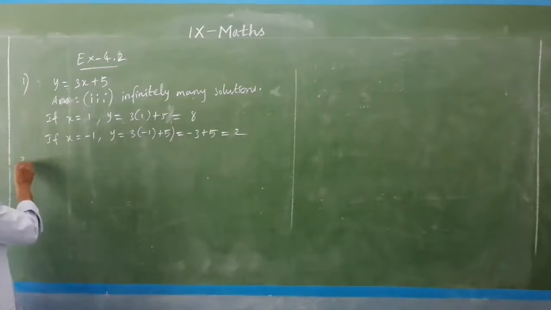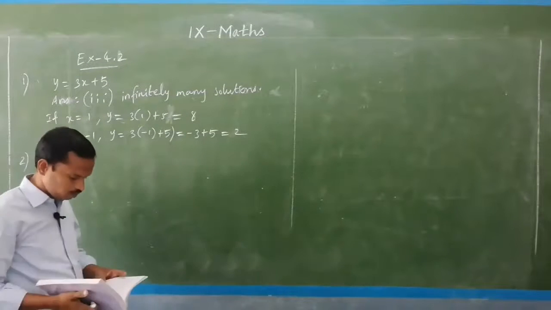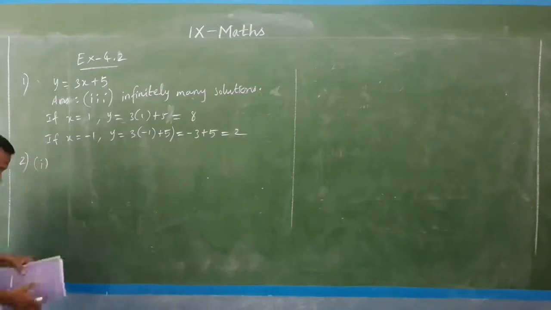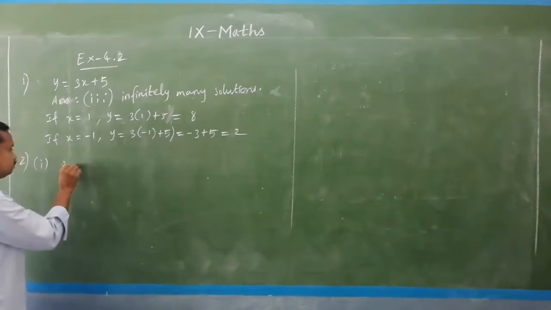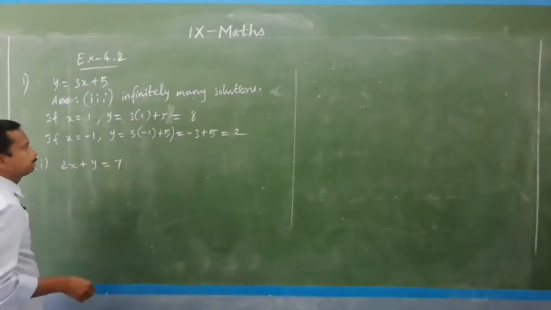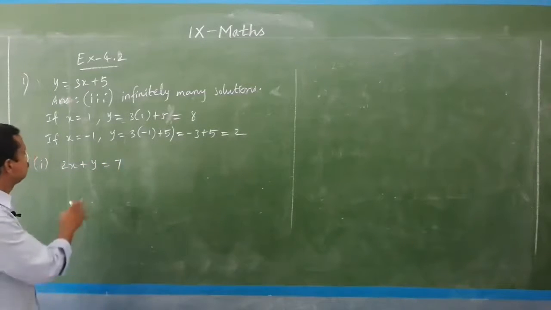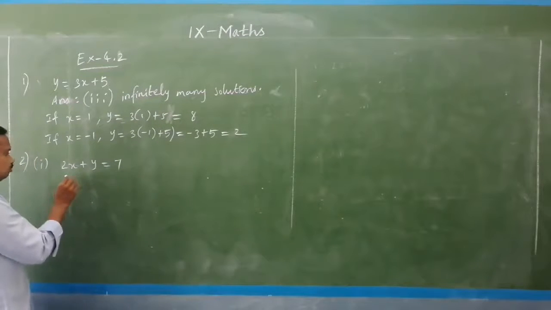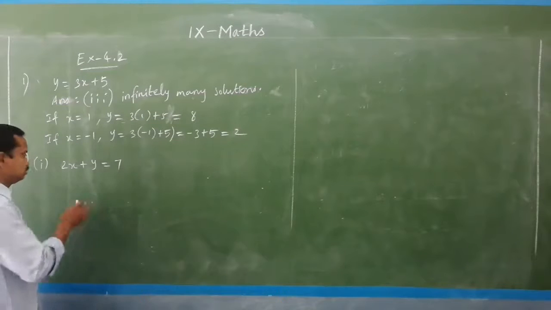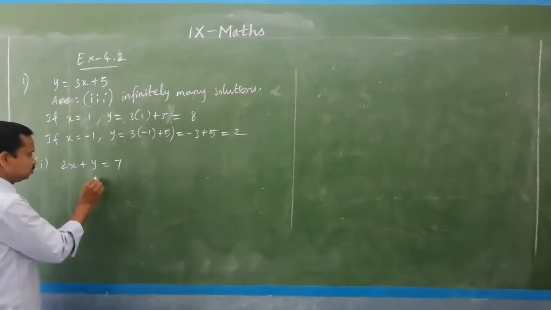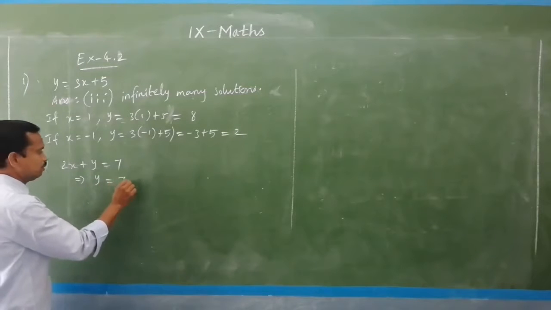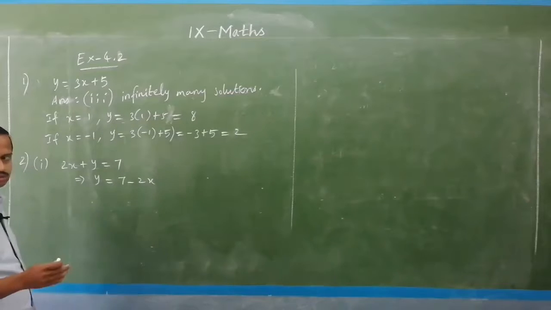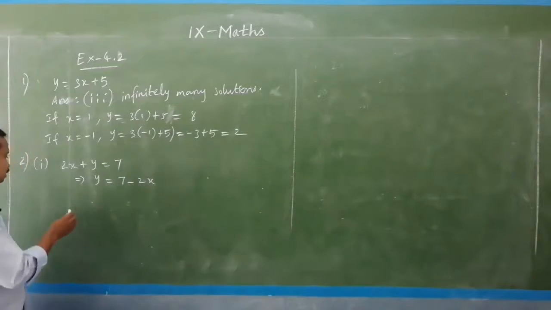Clear? And coming to question number 2: write 4 solutions for each of the following equations. First option, the given equation is 2x plus y equal to 7. If you want to find 4 values, this implies y equal to 7 minus 2x; you change it just by transposing.